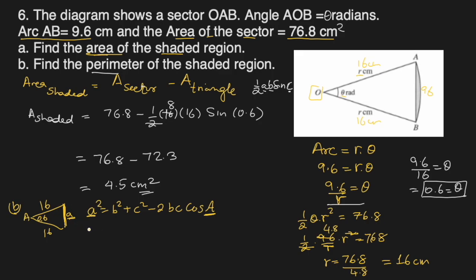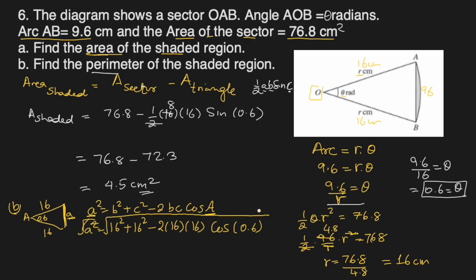So a is the unknown side, b is 16, the other side is 16, minus 2 times 16 times 16 times cos 0.6, and to find the actual length we will square root both sides.